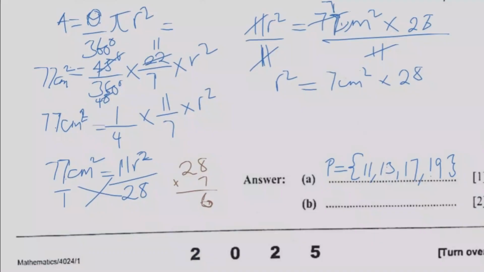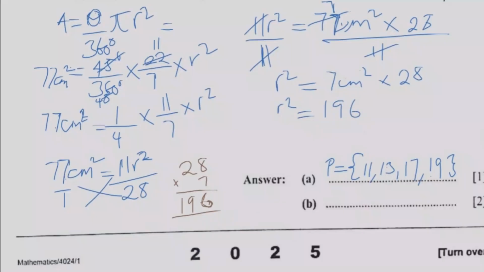Then 7 times 2 gives me 14, plus 5 is 19. So I have 196, which means r squared is equal to 196.